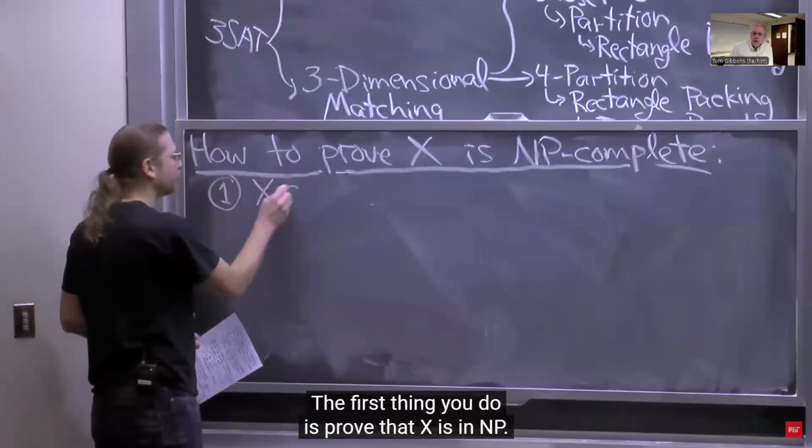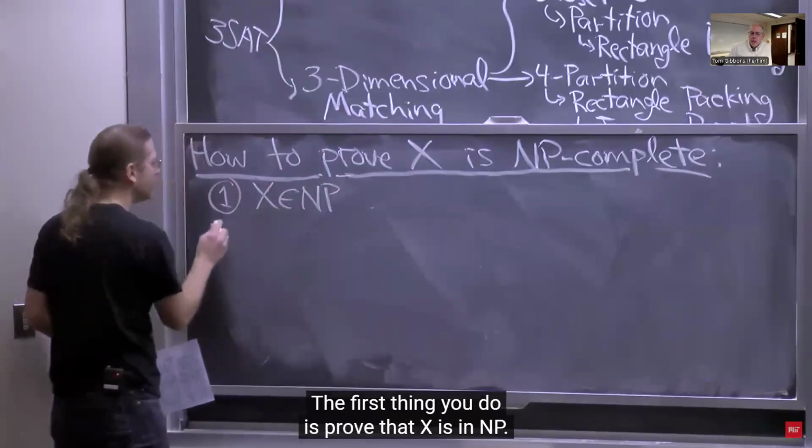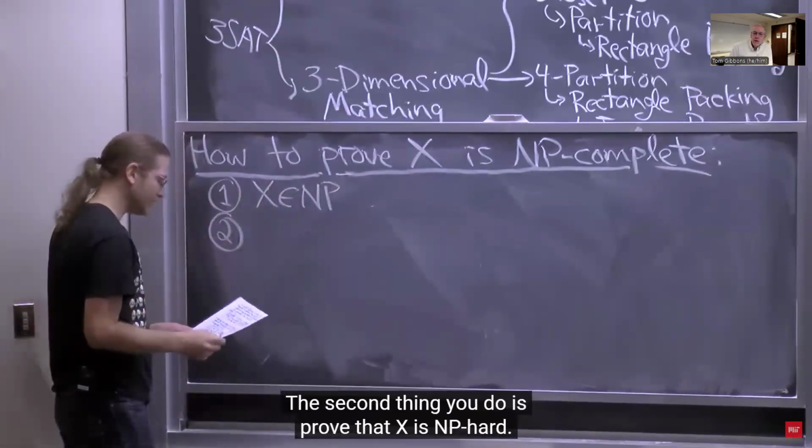The first thing you do is prove that X is in NP. The second thing you do is prove that X is NP-hard.